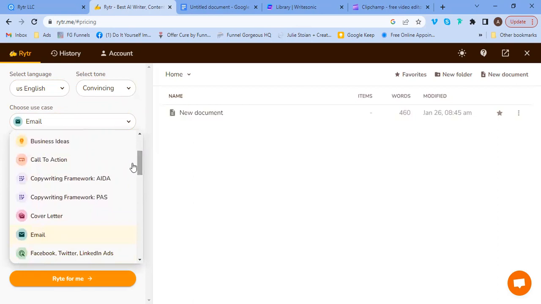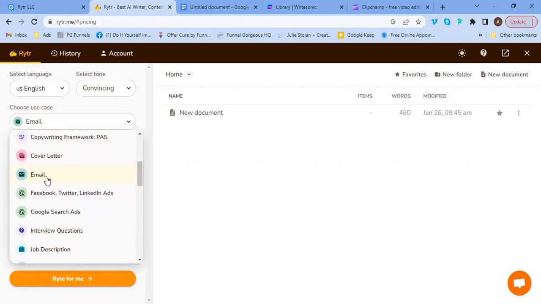For this one, don't use cover letter, because that assumes you're asking for a cover letter for a job. If you want to apply for a job and you want a cover letter, then yes, choose that. But for this purpose, I would use email, because we're just pretending that we're going to send an email to the Home Office, but really we will create a cover letter.